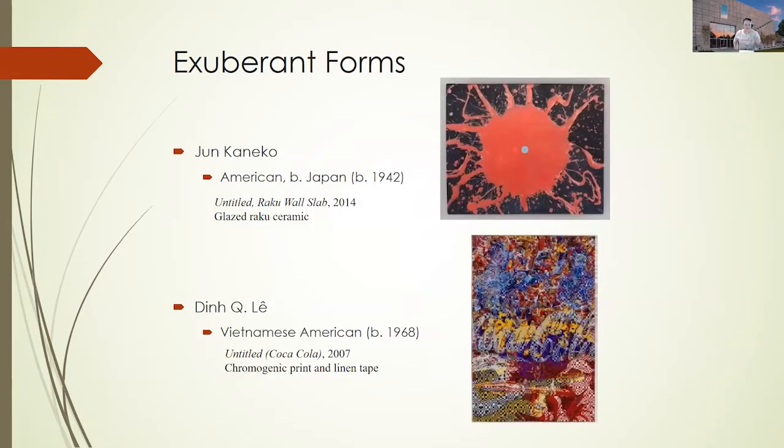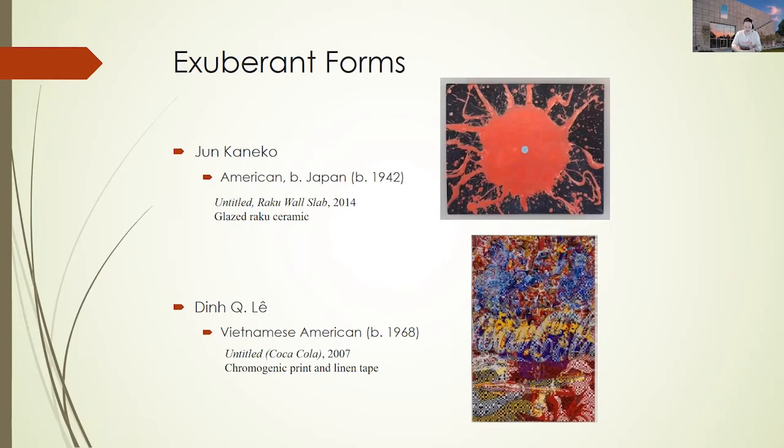Some of you might be familiar with Jun Kaneko. We had a show back in, I think, 2007 with his work, and this is a little bit different. You're probably used to seeing sculptures from him, but the one on the top is a glazed raku ceramic slab.